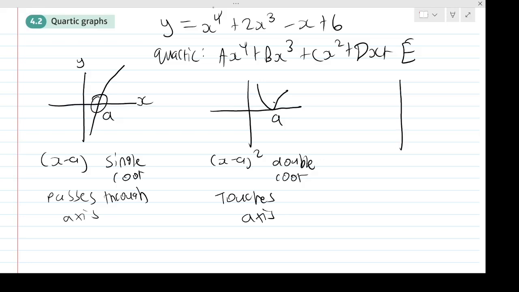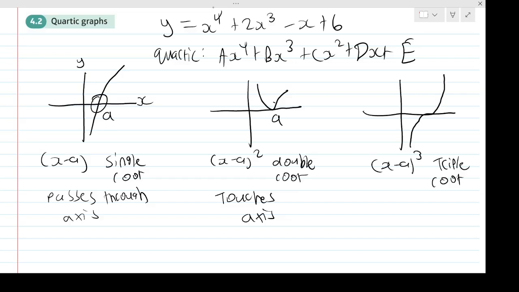And then when we add a factor cubed, that'd be a triple root, or technically a triple repeated root. In that case, it forms something called a point of inflection. So it looks like the x cubed graph. We go up, but then instead of just passing through the axis, it levels off at that point, and then starts to go back up again.